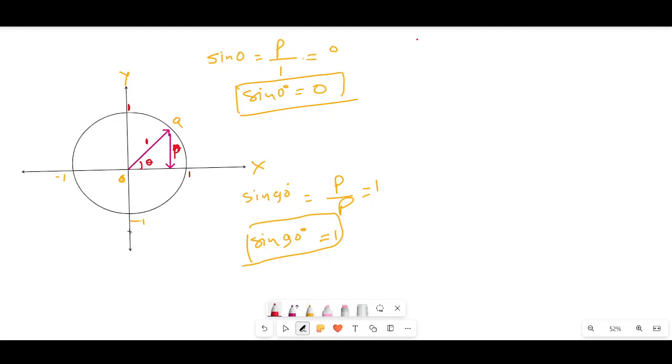We can write sine 180 degree as 0. Sine 180 means sine pi is 0. Clear? Now if we add 90, sine 270 will be 0 or 1, but it is minus 1. Clear?